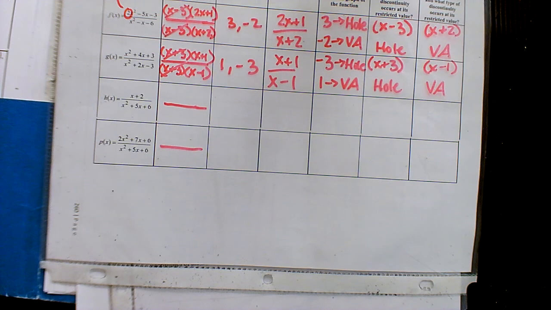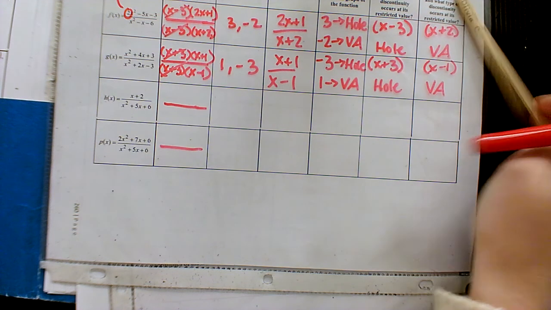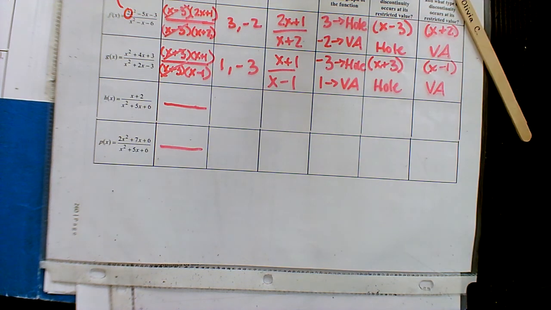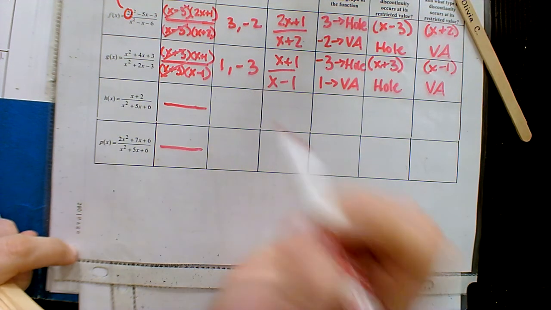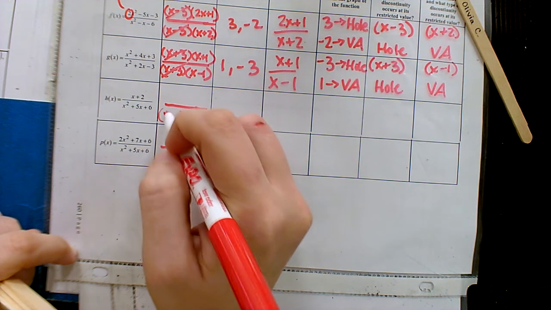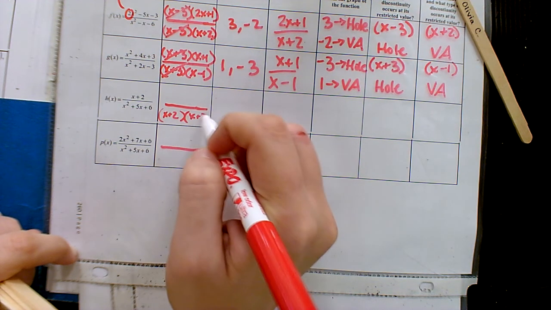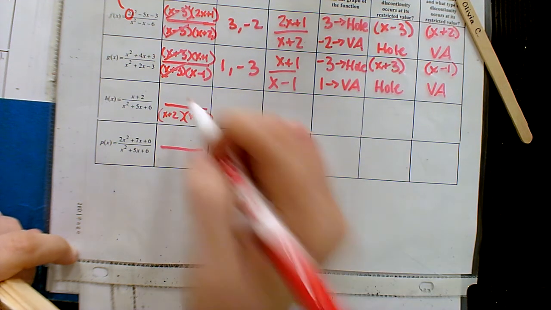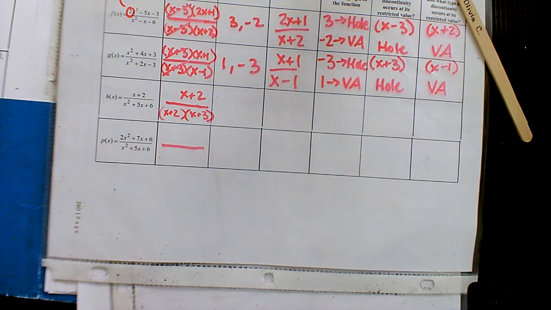All right, looks like we're good to go. Let's check these out. Livia, can you factor the first one for us? Okay, and for the top, stays an x plus 2. Looks good.